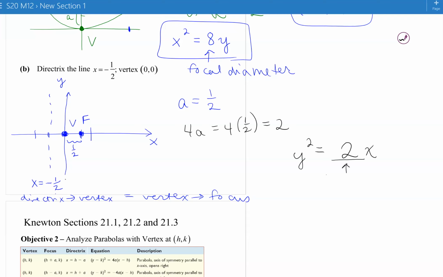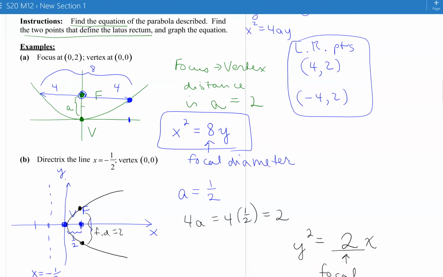So 2 is the focal diameter at the focus. The parabola is 2 wide. So that means I need to go up 1 and down 1 so that my focal diameter is 2, and then I can draw my parabola.